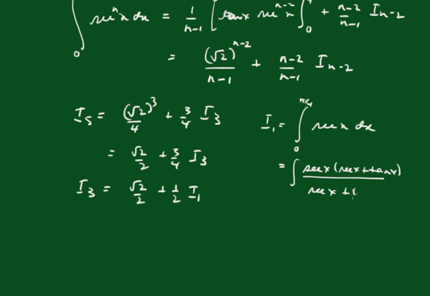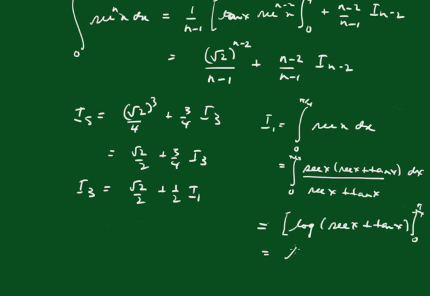And by doing that, when you differentiate sec x, you get sec x tan x, and when you differentiate tan x, you get sec squared x. So the numerator is the derivative of the denominator. So this is a log function. So this is the log of sec x plus tan x between pi upon 4 and 0.